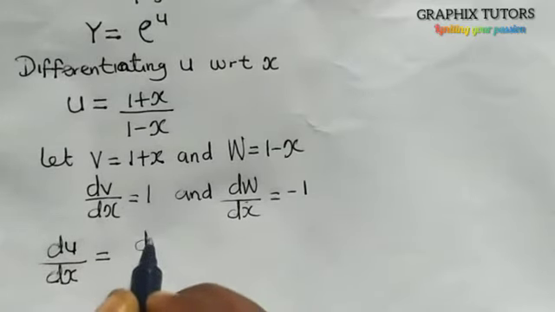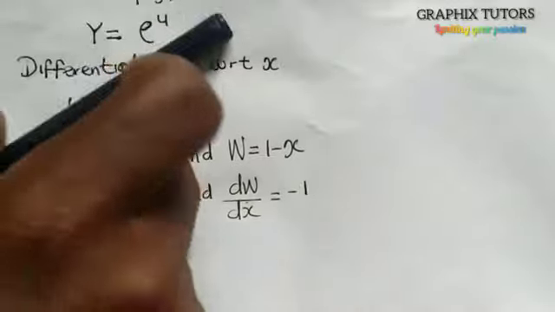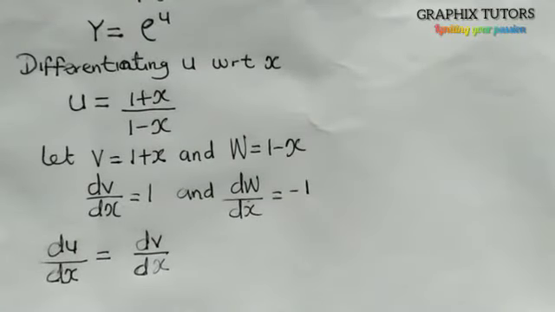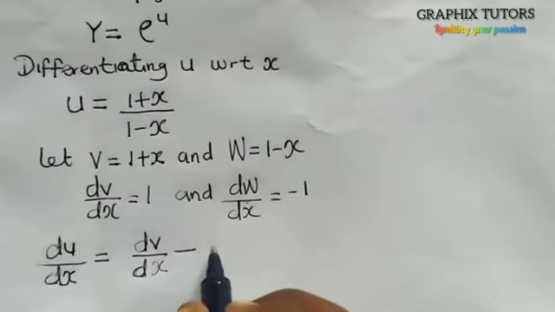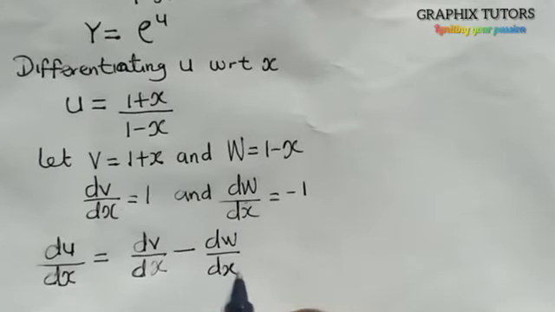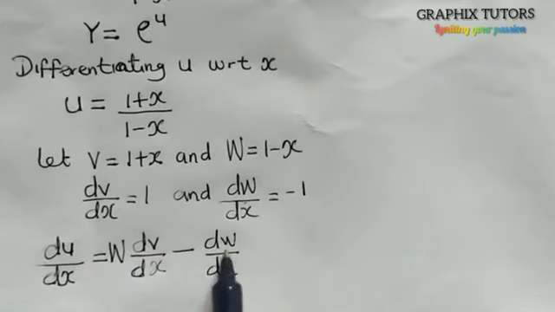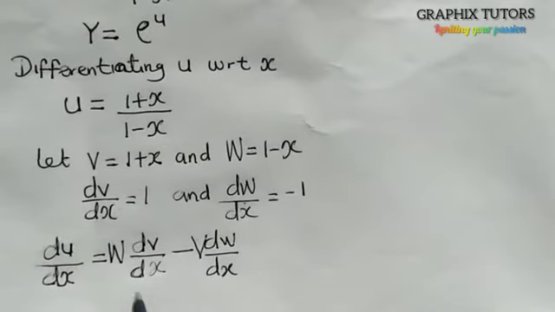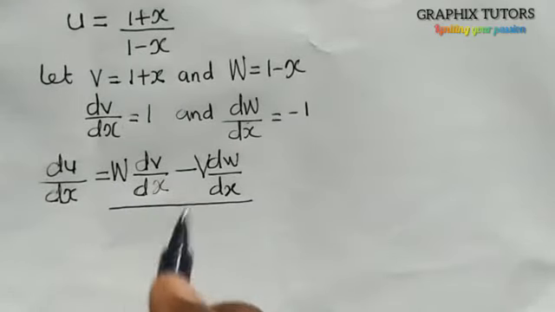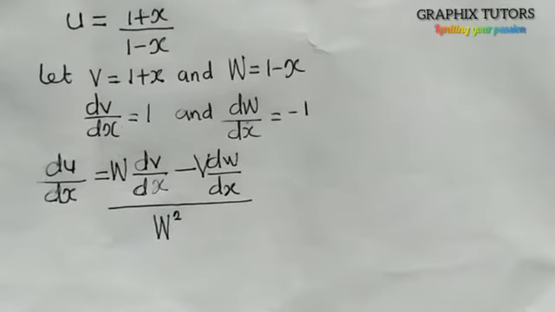So we have v dw over dx... sorry, we have dv over dx, minus dw over dx. Now since this is v, I'm going to put w here, and since this is w, I'm going to put v here, right? Everything all over the denominator squared, that is w squared. This is the formula for the quotient rule.